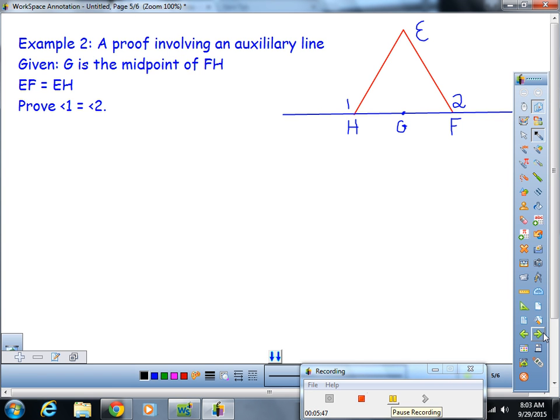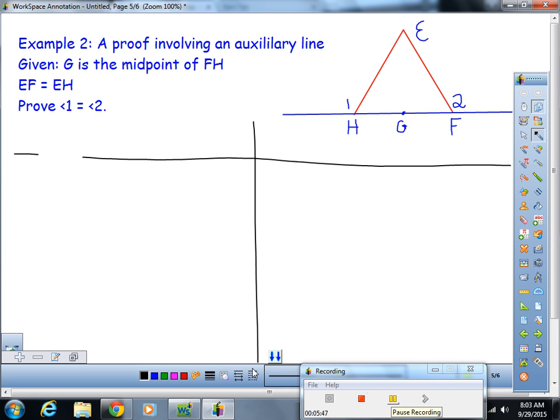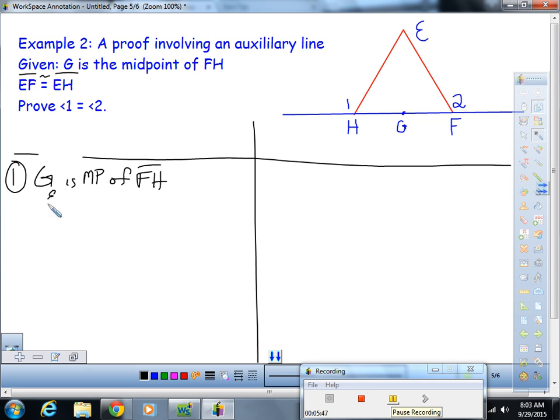Okay, given G is the midpoint of FH, and EF is congruent to EH, okay, so we have EF congruent to EH.